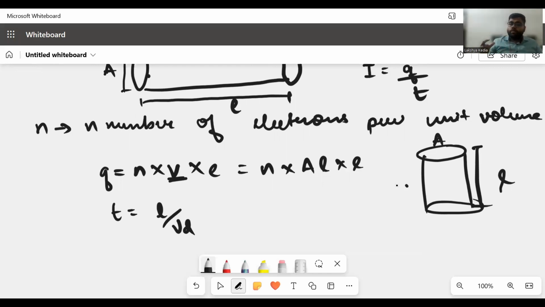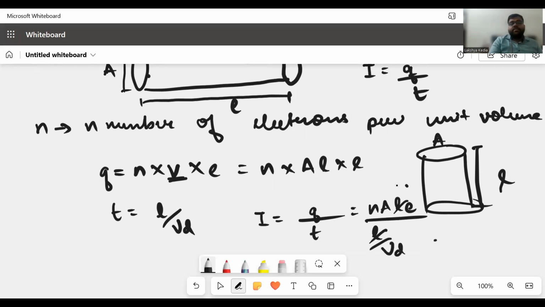It will be L upon the drift velocity. So now we find current I is equal to Q upon T. So this becomes n A L e divided by L upon v_d. L and L cancel out. So this becomes n e A v_d.